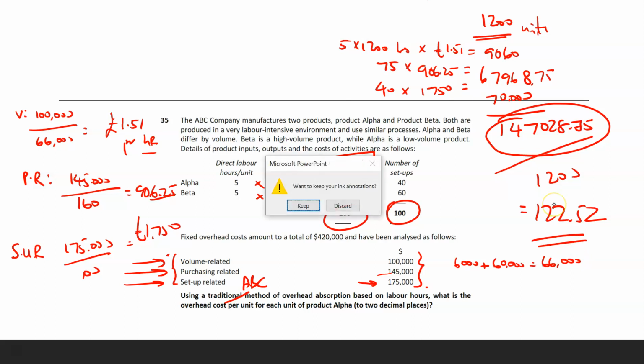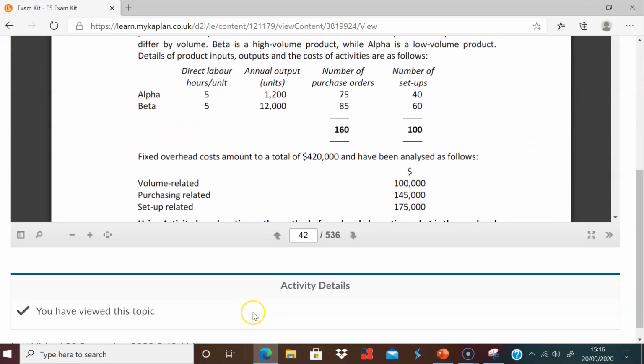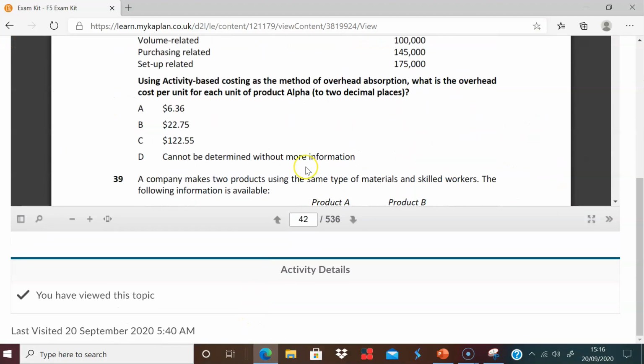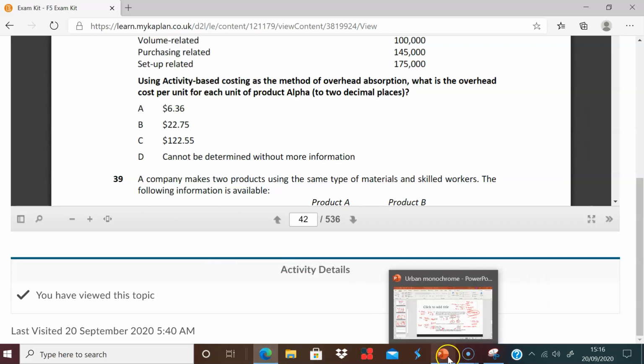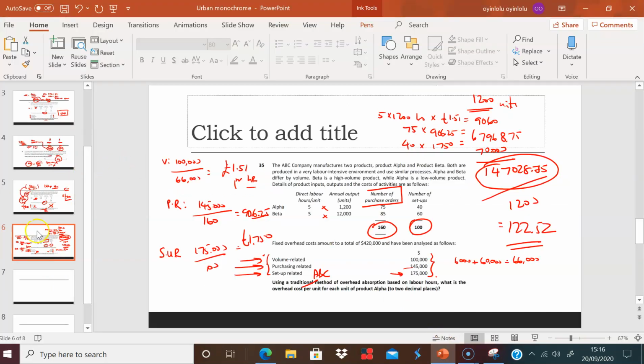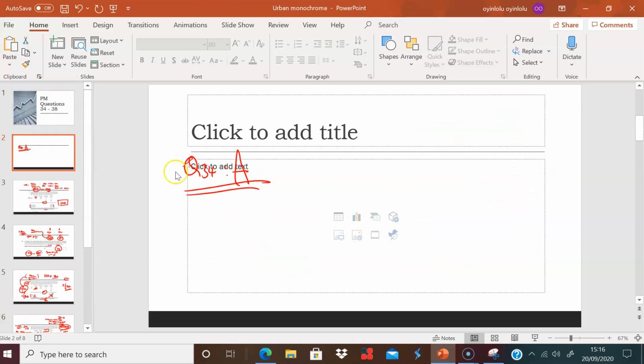Let's see what answer that looks like. That's C, and the answer there is C. So 38 is C. Just putting in the answers on the board here.